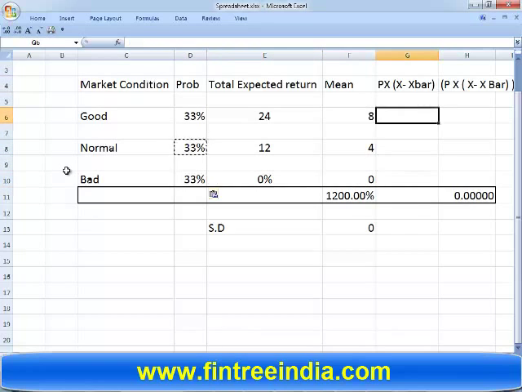So x minus x bar square multiplied with probability. Yeah, you're right. This will give us a wrong answer. 8 minus this number multiplied with third.